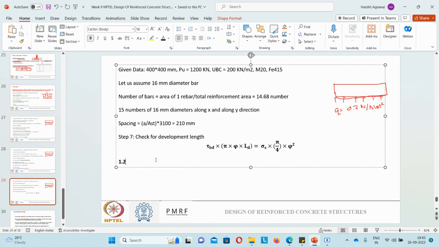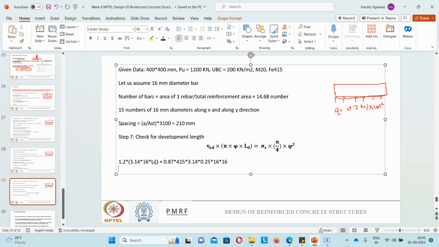So 1.2 times, divided by 3.14 times diameter 16 mm, LD we need to calculate is equal to 0.87 Fy times 3.14 times 0.25 times 16 times 16, where Fy is 415.